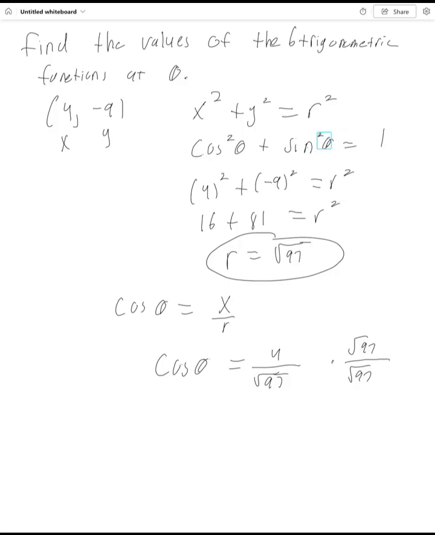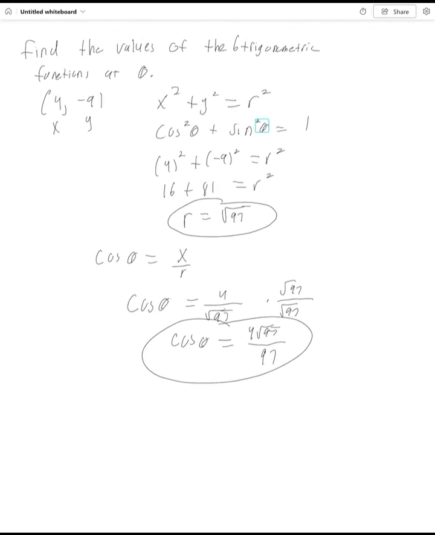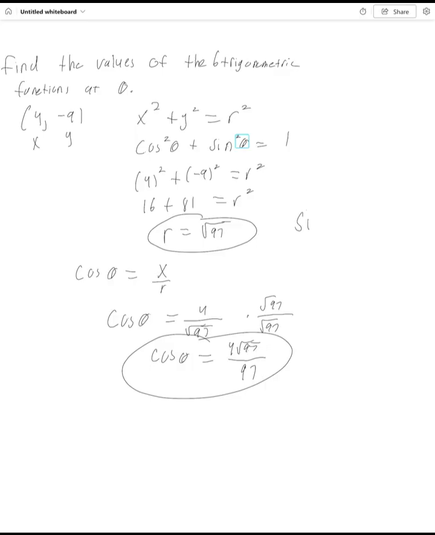Rationalizing is just multiplying by the same square root on the bottom, because mathematicians don't like square roots in the denominator. So it becomes 4 times the square root of 97 on top, and the square root on the bottom goes away. So the cosine of theta equals 4 square root of 97 over 97.